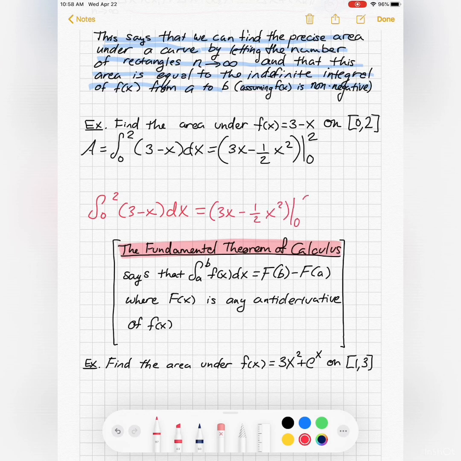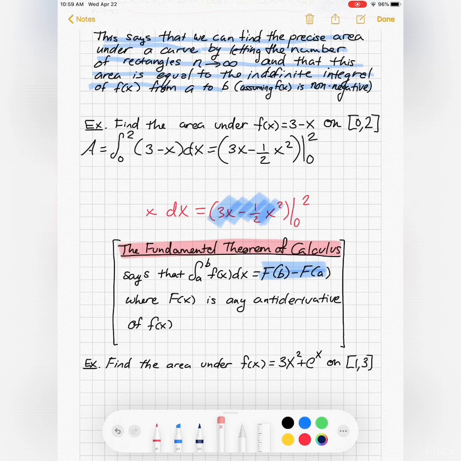And then I evaluate from 0 to 2. So how do I do the evaluating? Well, I actually just plug the endpoints into the antiderivative here, and I do a subtraction.